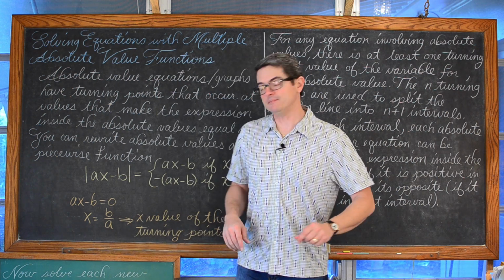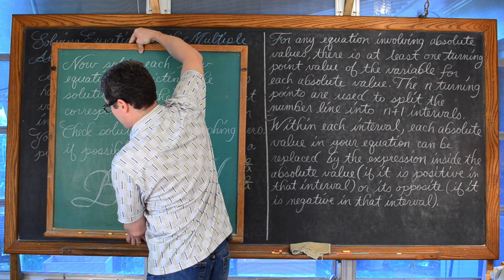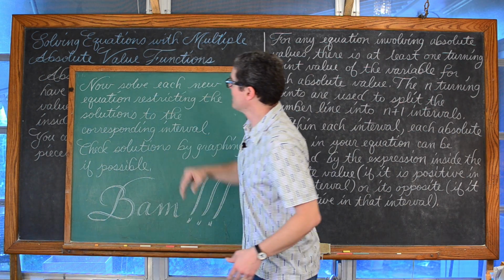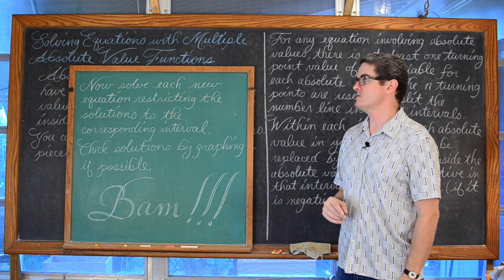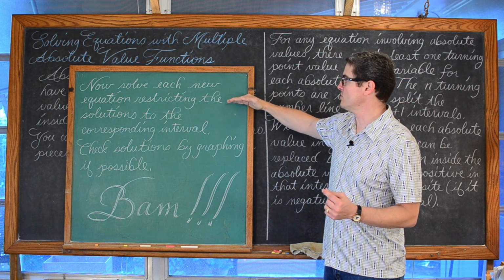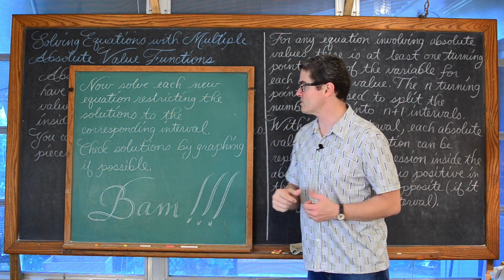When you do that, you get an equation without any absolute value symbols in it. Each of those new equations is going to be solved, and when you do so, you're going to restrict your solutions to the corresponding interval that you used to create that new equation.